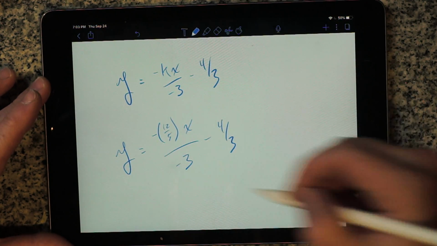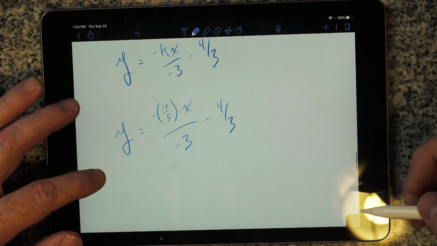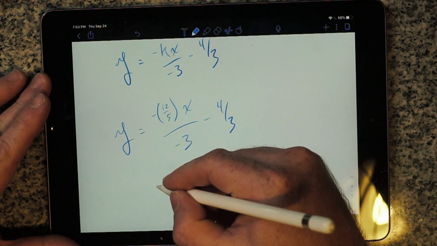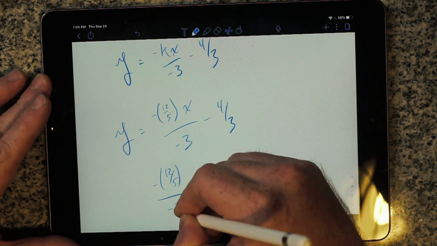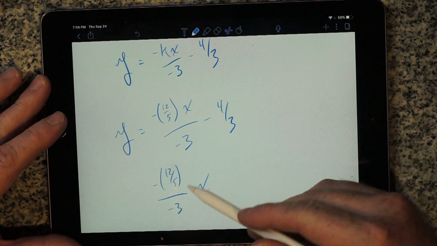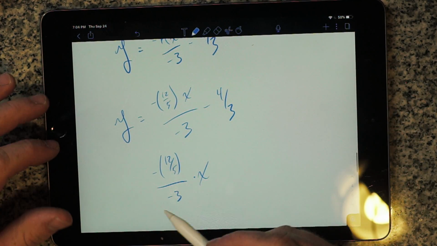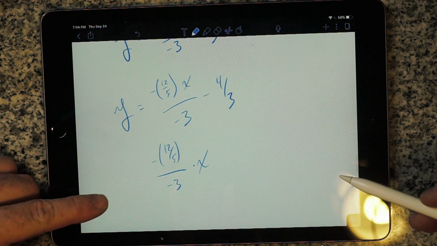When we have a fraction within a fraction, does that scare you? Yeah. Do you remember how I rewrote this other thing just a second ago? Like this? Just times x. How I just pulled it out of the numerator. Does this scare you a little bit less now that there's not an x in there? No. We still have a fraction within a fraction, right?